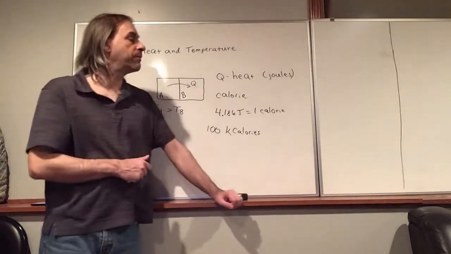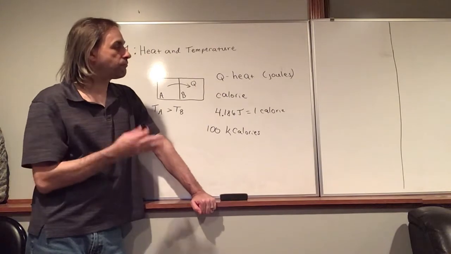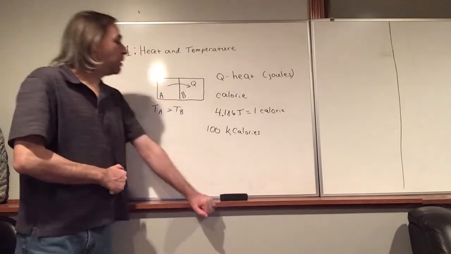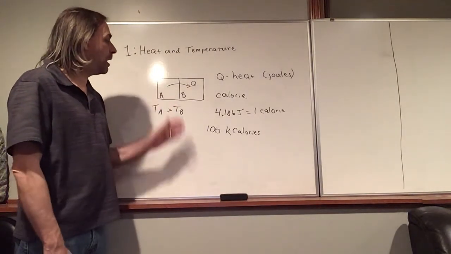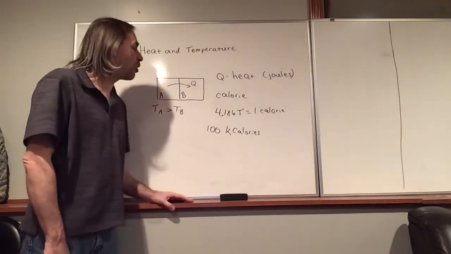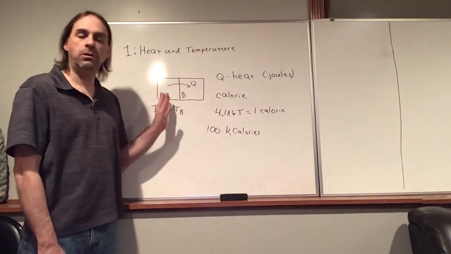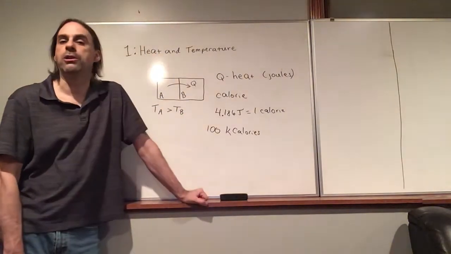Momentum is always conserved in collisions, but energy can be gained or lost. It can also be exchanged between particles. But usually the faster moving particles lose energy, and the slower moving particles gain energy.